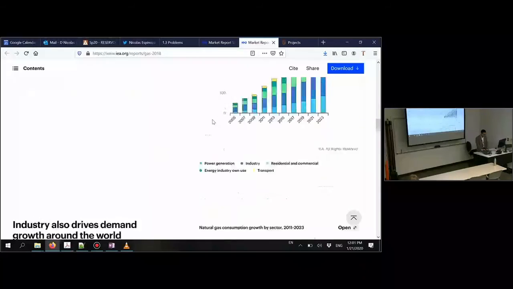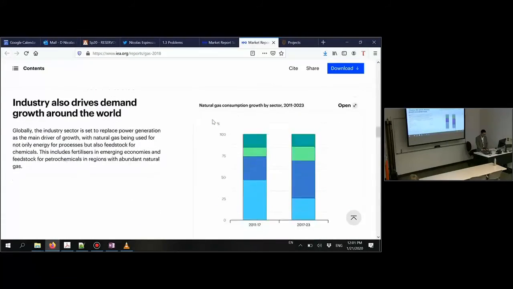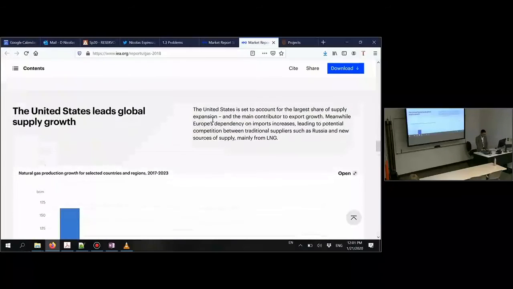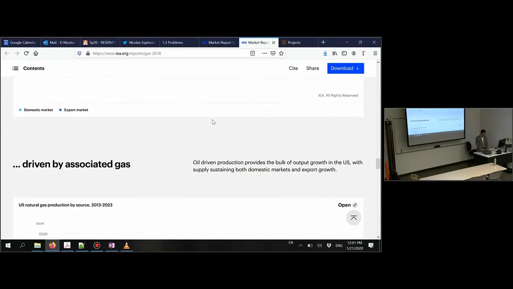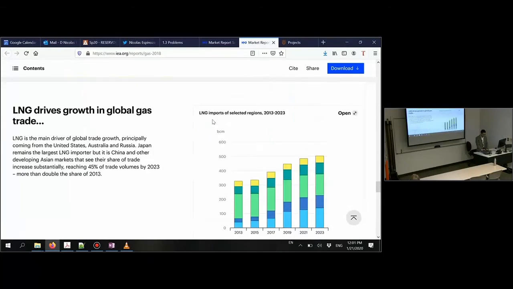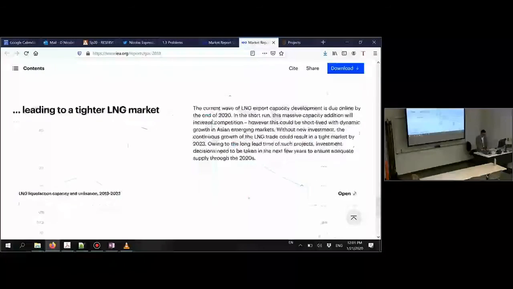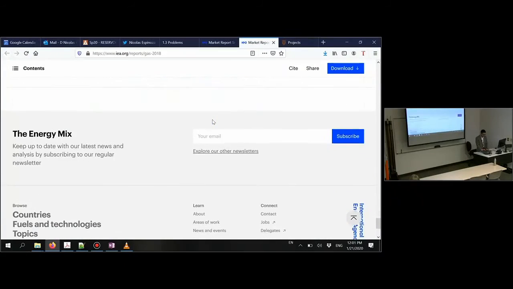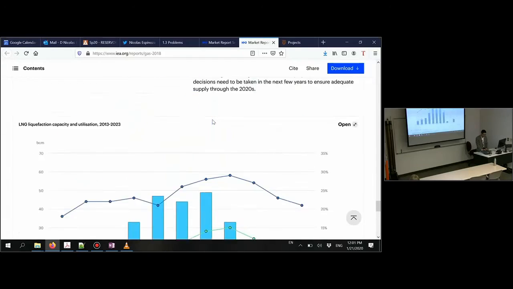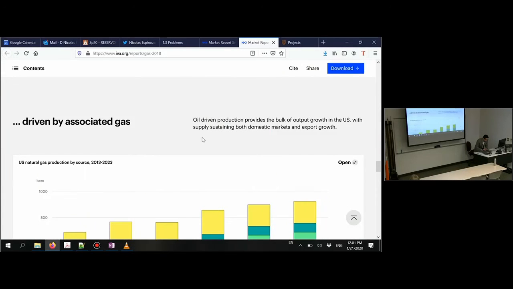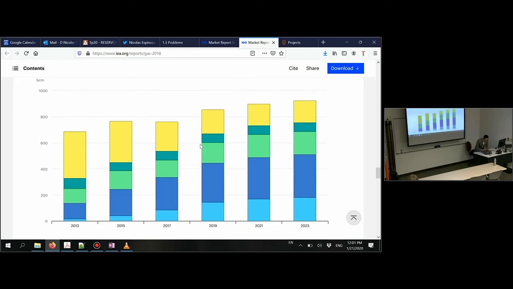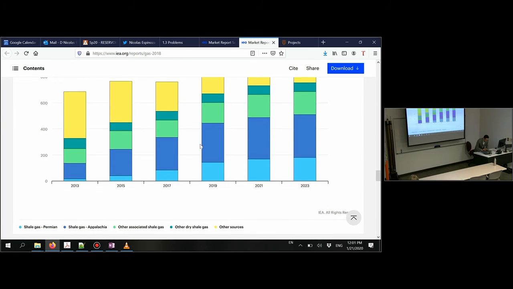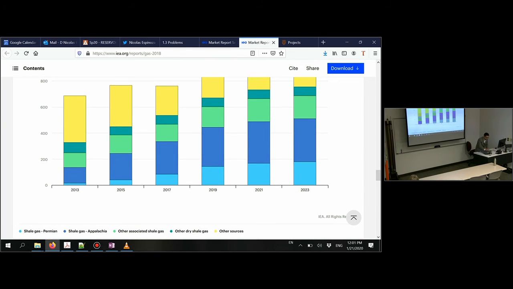Okay, we have some of the images here. Okay, let me look in detail. Okay, I think this was one of the graphs I wanted you to look at.